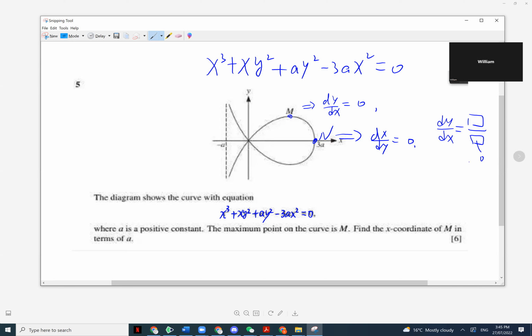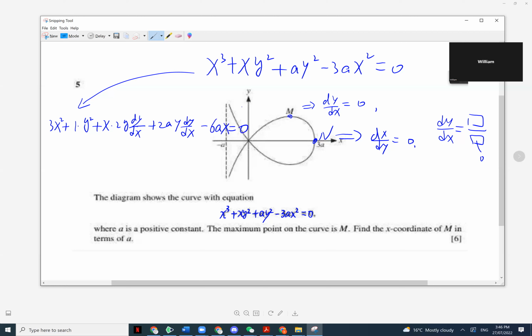So if we differentiate 3x squared, 1. Holy, this question is very long.